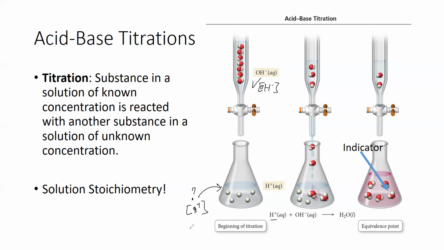And in a lab setting, what we have to do to monitor this reaction is use what's called an indicator. An indicator is a molecule that changes color at different pHs. So we have an indicator that changes to pink at a pH, I forget what it is, but let's say it's roughly around 6.